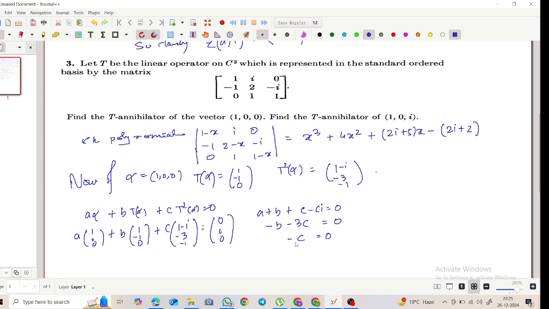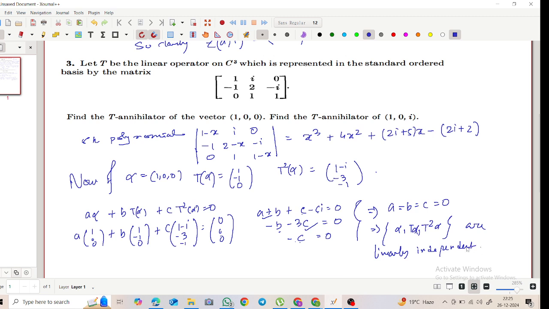Okay. See, minus C equals 0, so C equals 0. Put C equals 0 here to get B equals 0. Now C and B equal to 0 implies A equals 0. Okay. So this implies A equals B equals C equals 0, which implies alpha, T alpha, T square alpha are linearly independent.